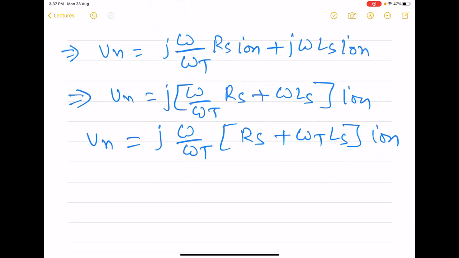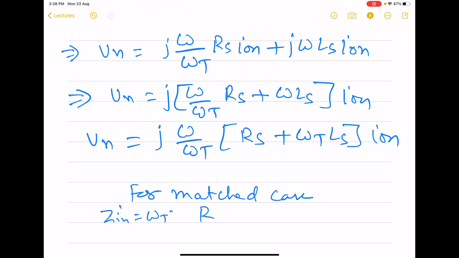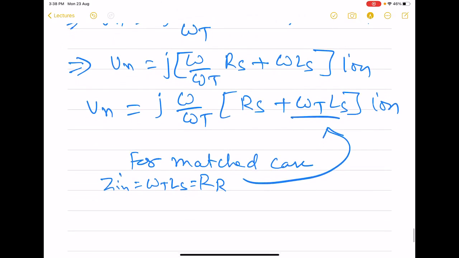One more simplification can be carried out here. For the matched condition, because we are carrying out all these derivations for the matched condition, we found that Zin dash was omega T Ls, and that is equal to Rs. So this can be used to substitute omega T into Ls by Rs.